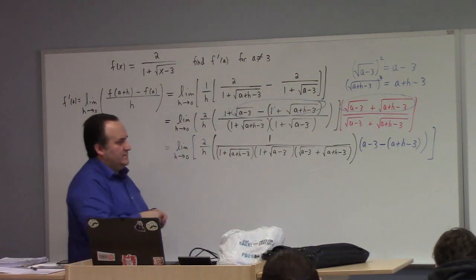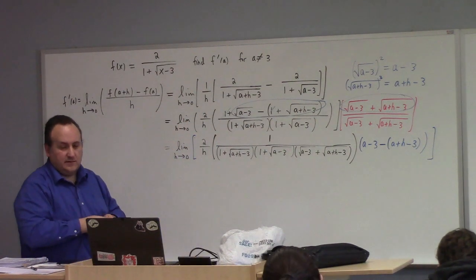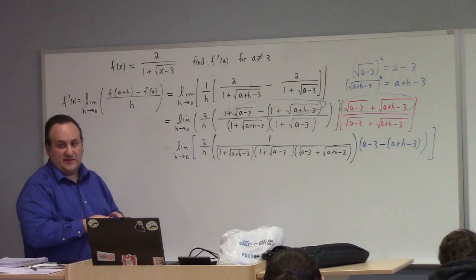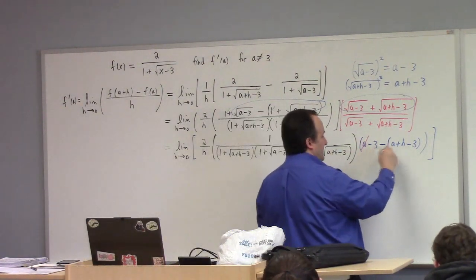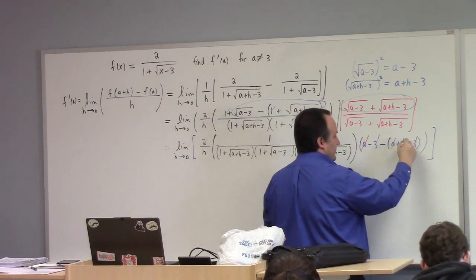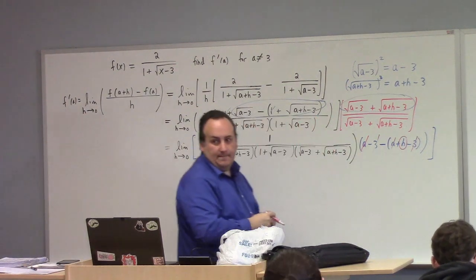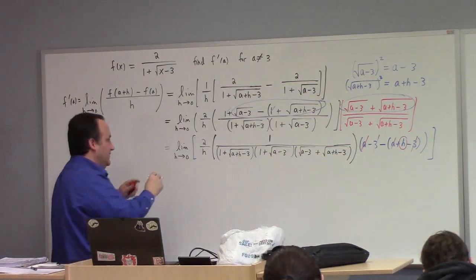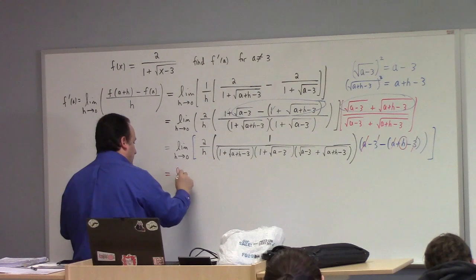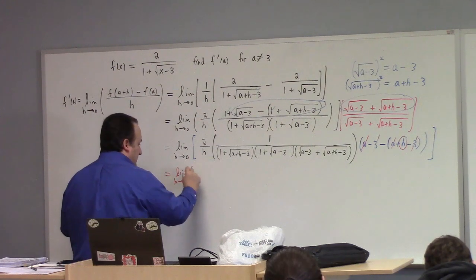What happens then is that the a's cancel, the 3's cancel, and it just leaves you with, yeah, this cancels, that cancels, that cancels. We're left with h, and that h and this h reduce. So you're just left with the limit as h goes to 0.